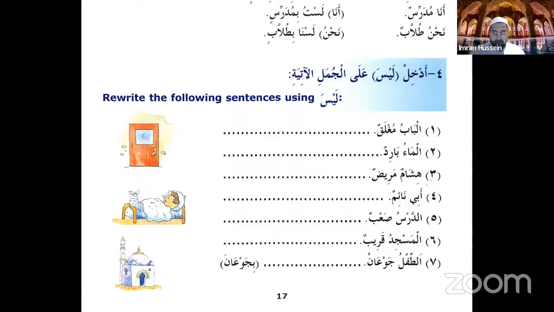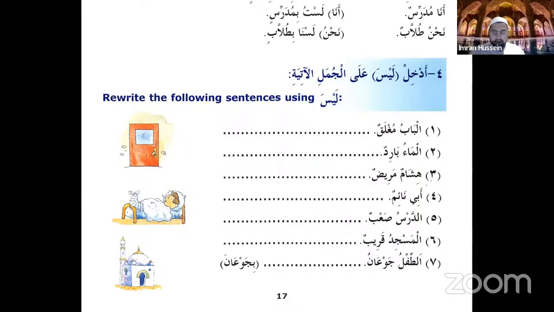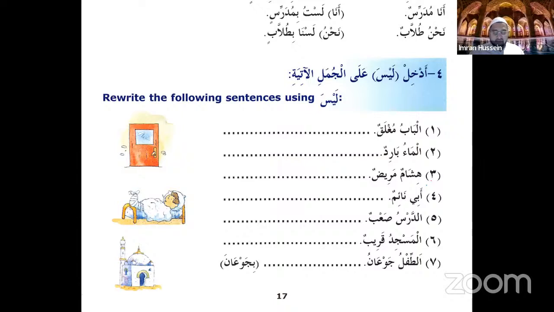Correct. Then the next one, al-ma'u baridun, will become laysal ma'u baridan. Correct. And then the next one will become laysa hishamun marizan. Is that clear for you now?